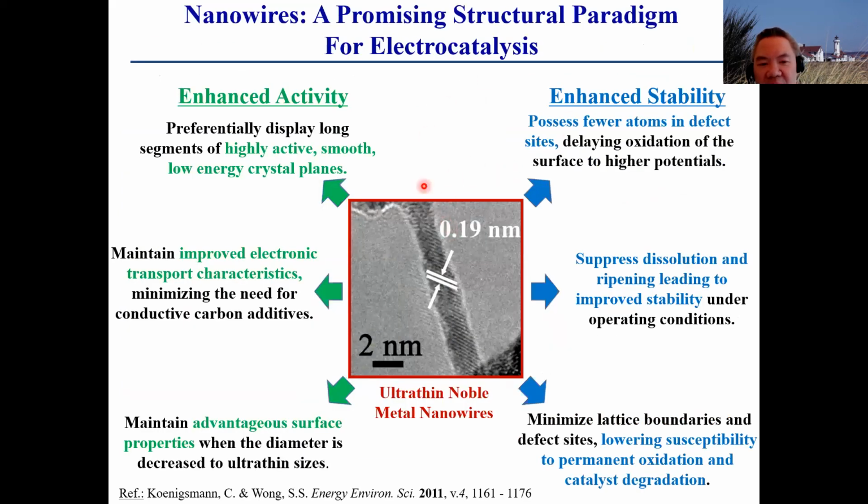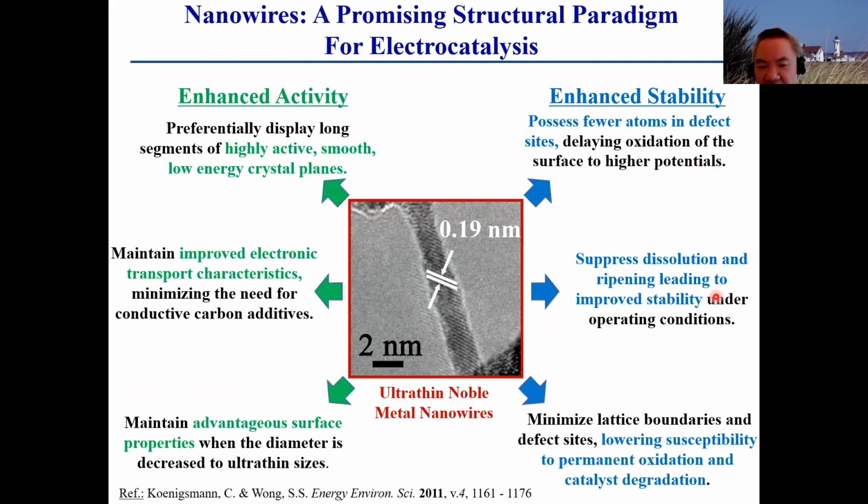The wires that we design in my group show both enhanced activity and enhanced stability. What you see on your left-hand side shows that you have low energy crystalline planes, good movement of electrons, good surface properties, and they're stable simultaneously. There are not as many defects.